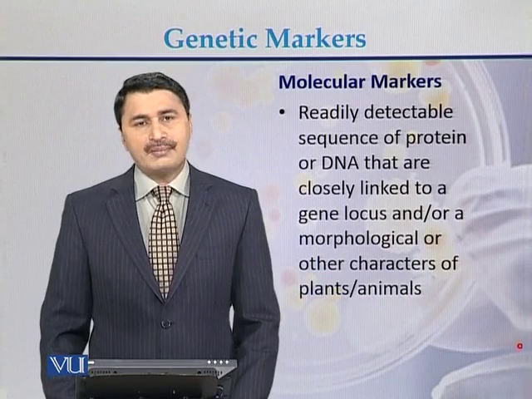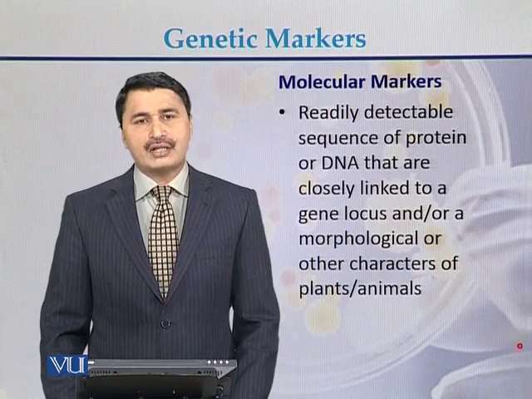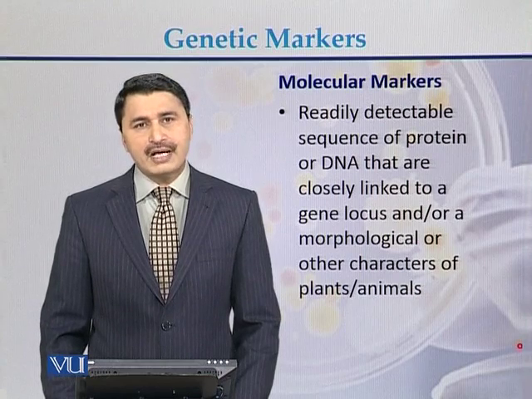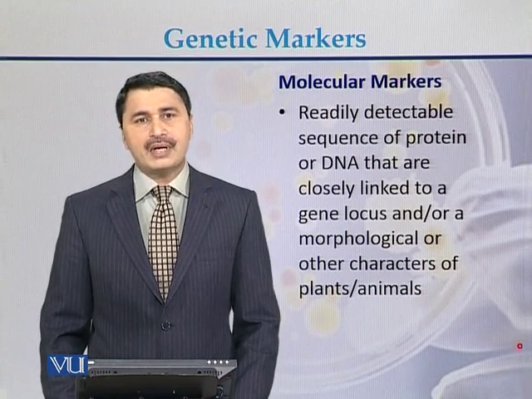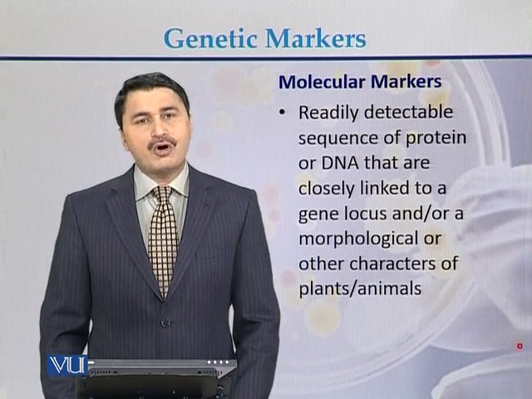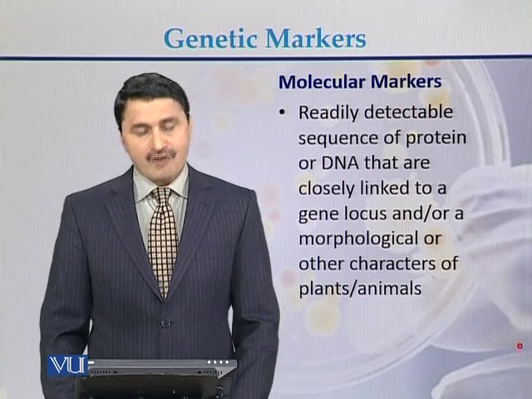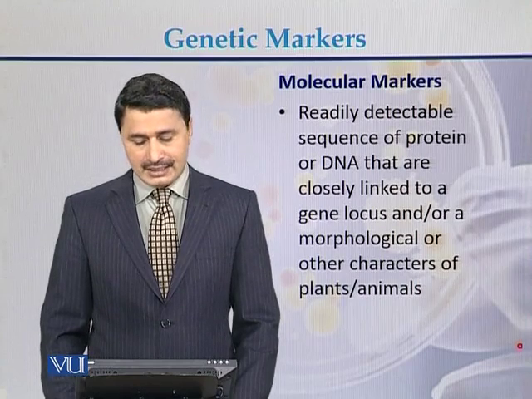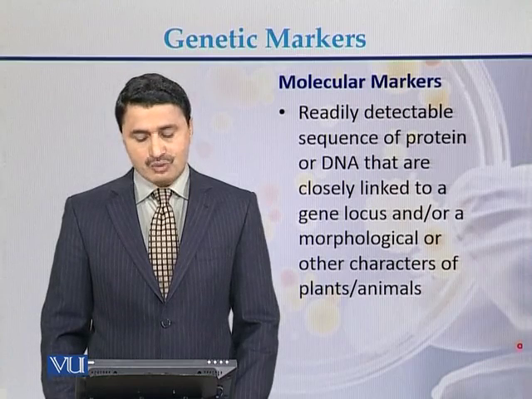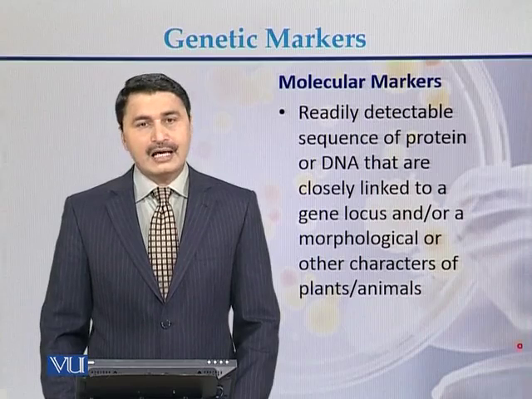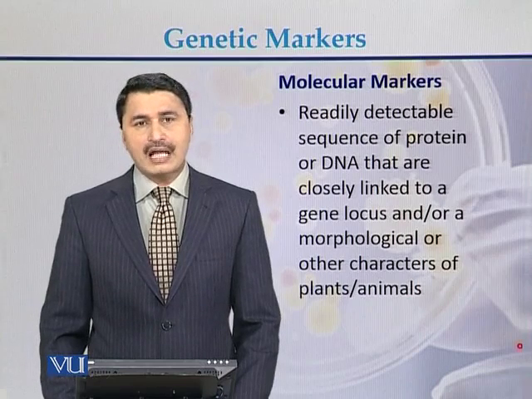The second type of markers is molecular markers. There are two types of molecular markers. They can be protein markers and they can be DNA markers. So what are molecular markers? A readily detectable sequence of protein or DNA that is closely linked to a gene locus and morphological or other characteristics of the plants or animals.